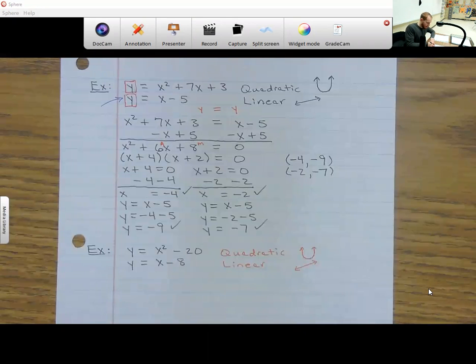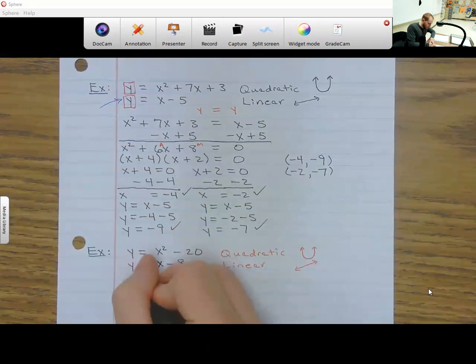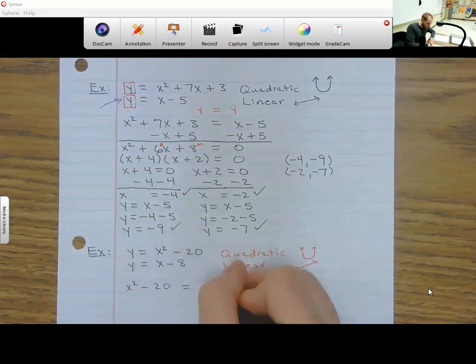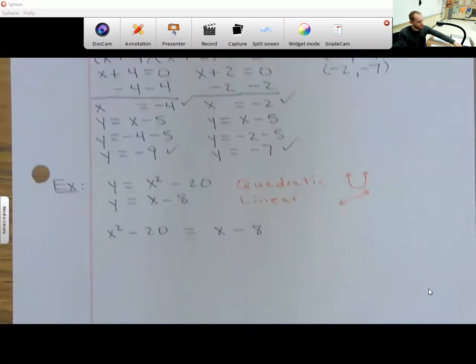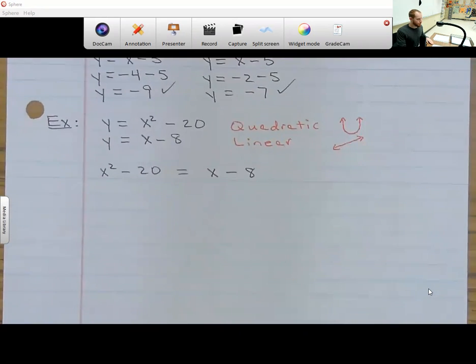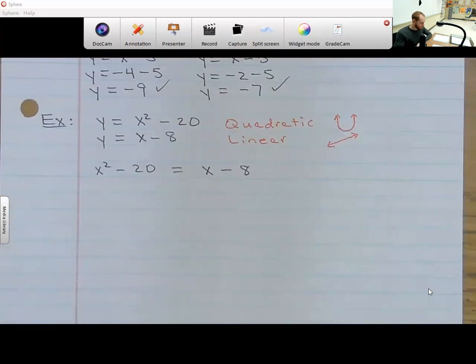On the left side, I'm going to have x squared minus 20. And on the right side, I'm going to have x minus 8. Always putting that quadratic on the left side. Linear on the right.